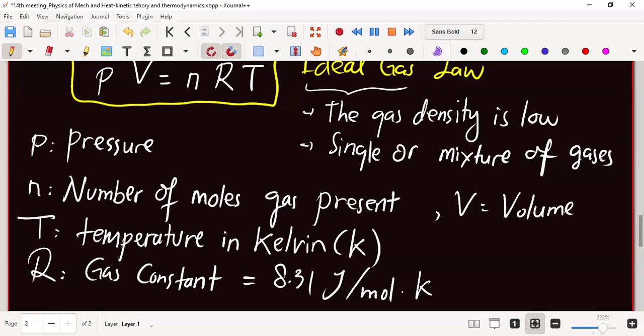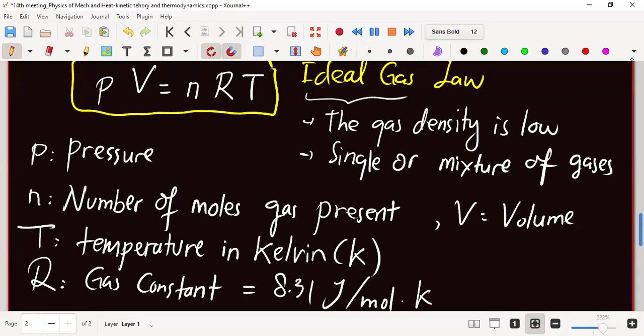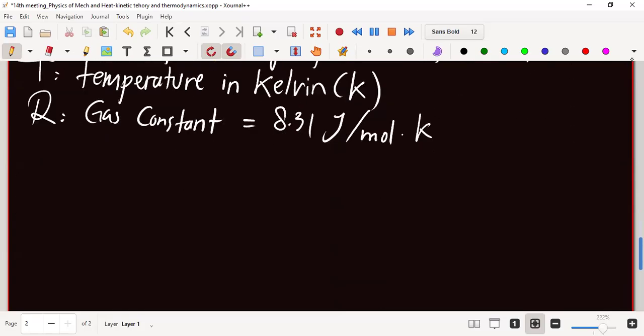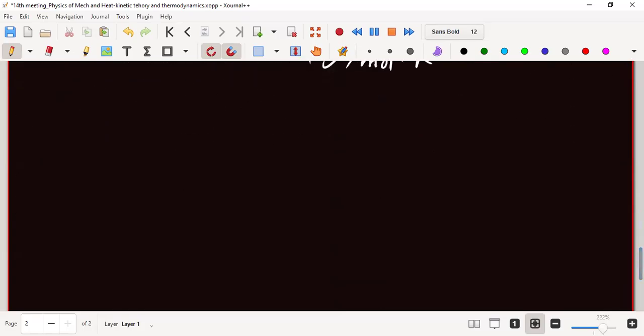Okay, because n is the number of moles of gas present, we can write this equation as PV, where n is equal to the mass of the sample divided by Mr. Or we can use n with Avogadro's relation, equal to N divided by Avogadro's number, and RT.